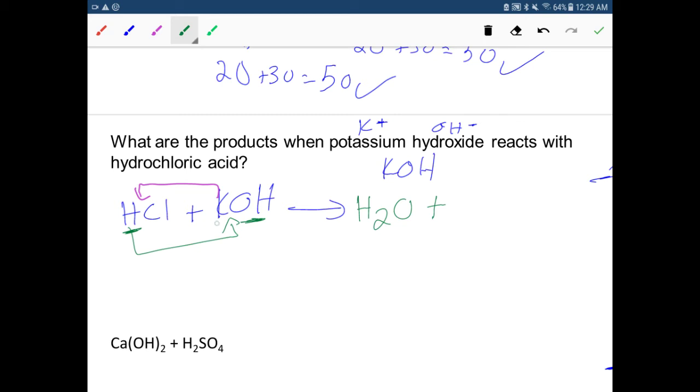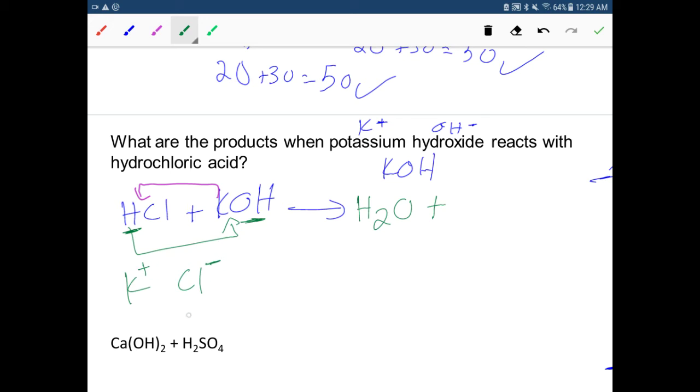You're gonna form a salt. The ions involved in forming this salt or ionic compound are K and Cl. Potassium or K has a charge of +1, Cl has a charge of -1. Alright, so it's gonna be K plus, Cl minus. It's a 1 to 1 ratio.